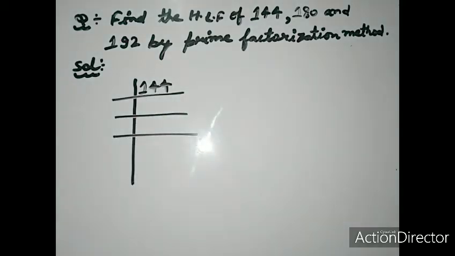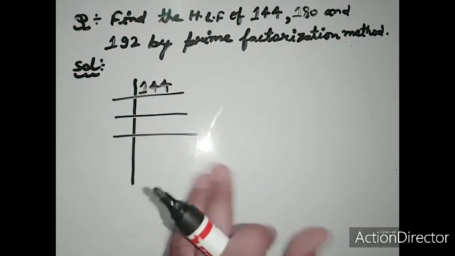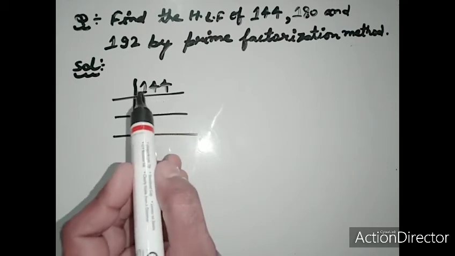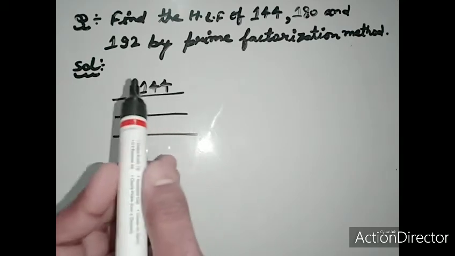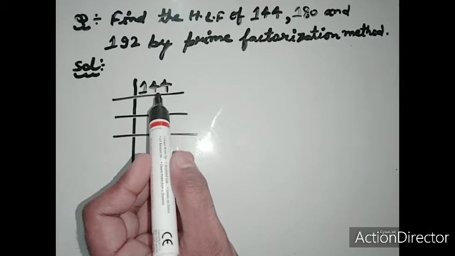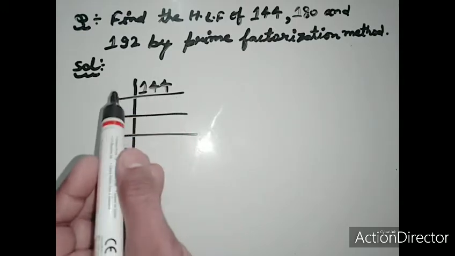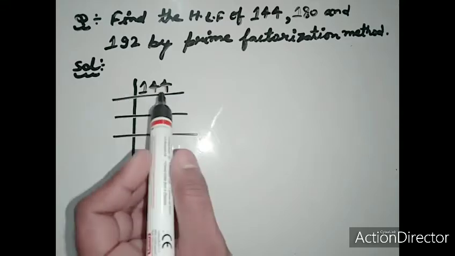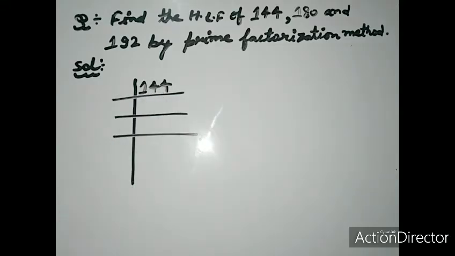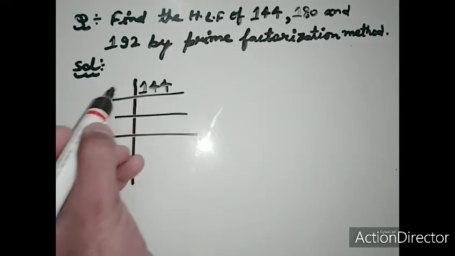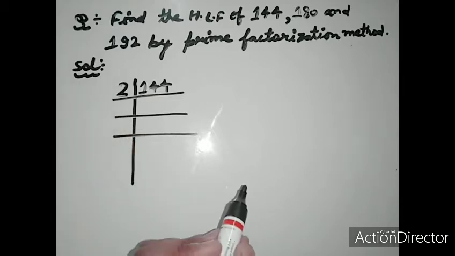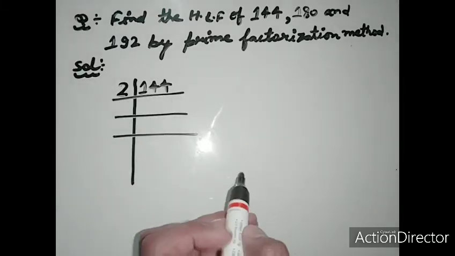Now dear students, remember one thing here. First you divide the given number by 2. If the number is not divisible by 2, then you take the next number 3, and if the given number is not divisible by 3, then you take 4, but you start from a smaller number. So here we divide 144 by 2.